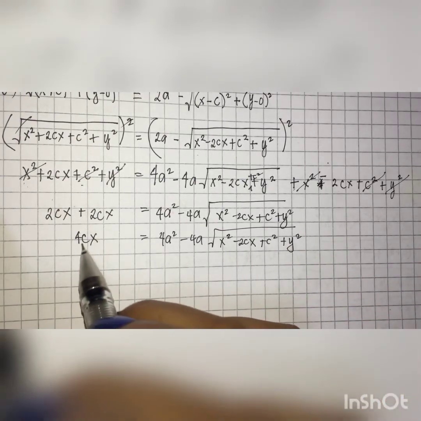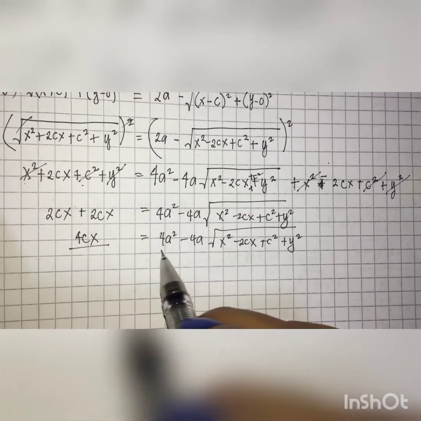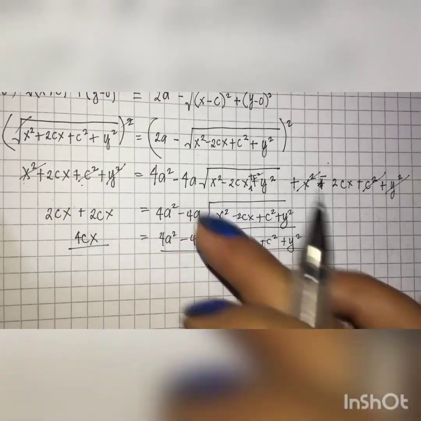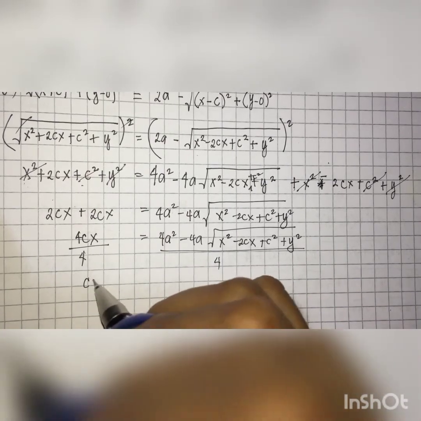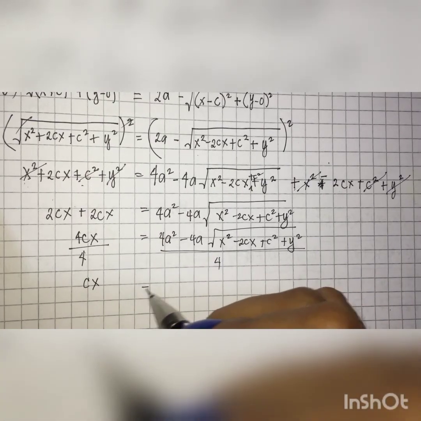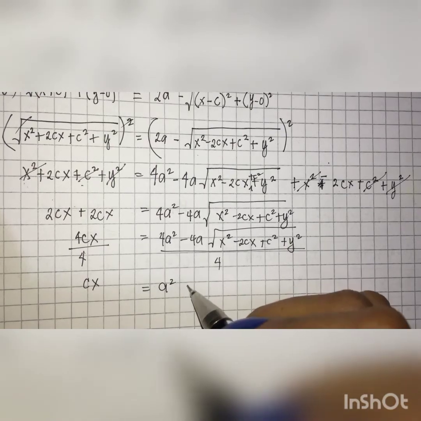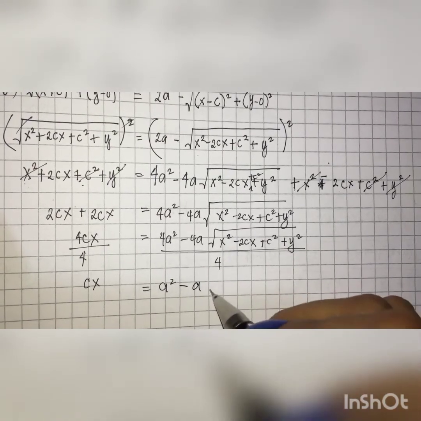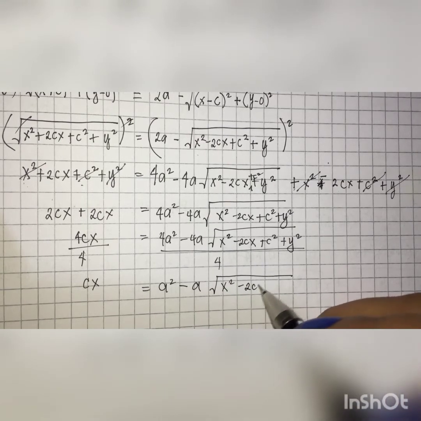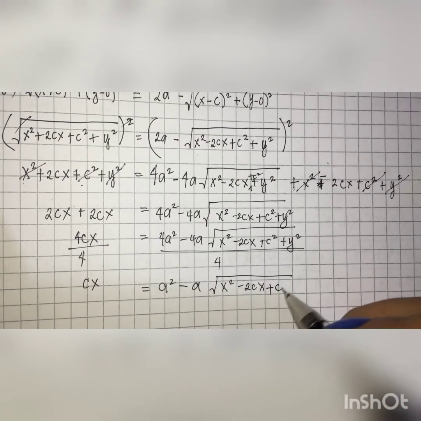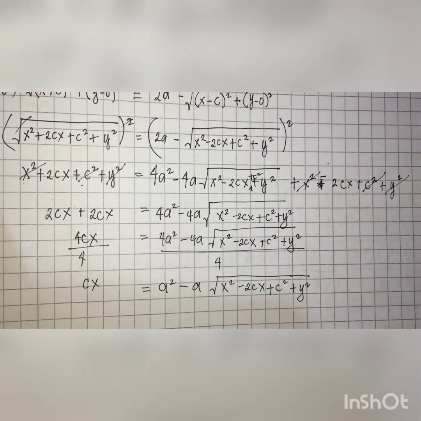Divide both sides by 4 since they have a common factor, which is 4. So we have cx is equal to a squared minus a times the square root of x squared minus 2cx plus c squared plus y squared.